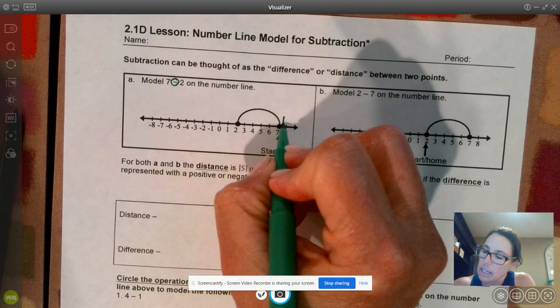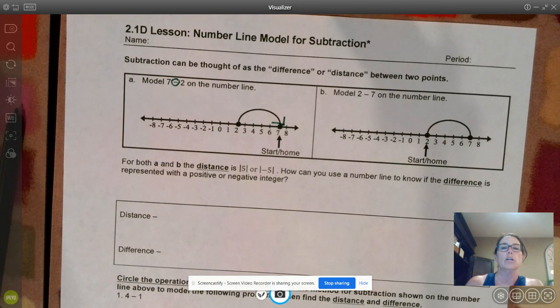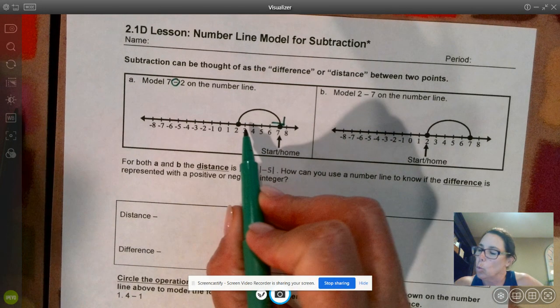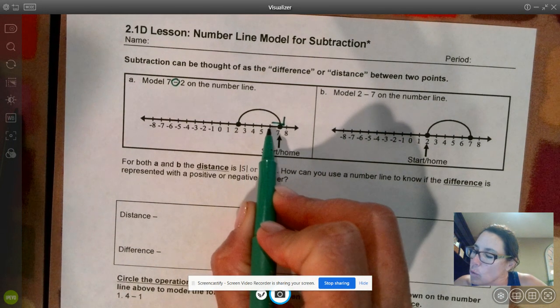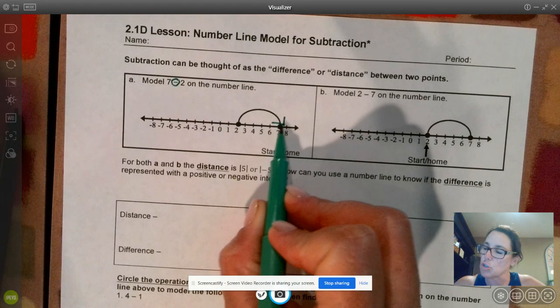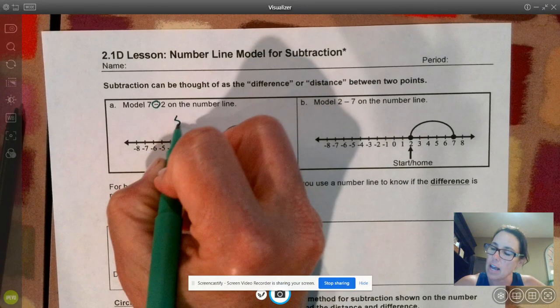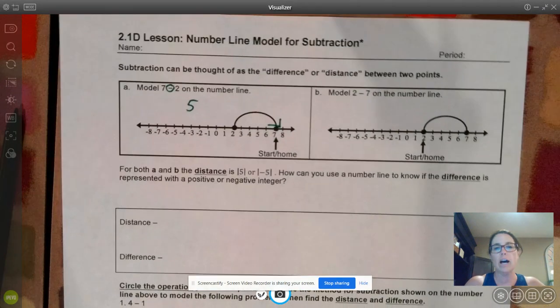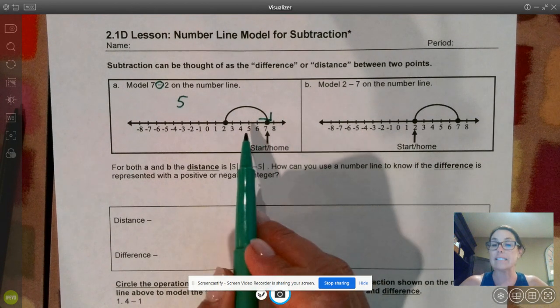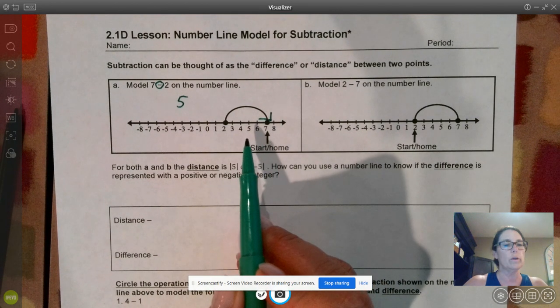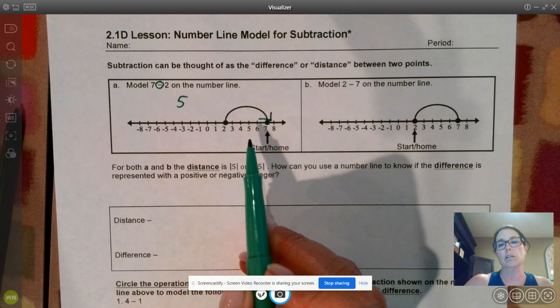So we're moving in this direction. Super important to put an arrow tip on your number line. Okay, so we are moving 1, 2, 3, 4, 5 positions to the right. That's how we get the answer of 5 that we all knew, but that's how it's seen on the number line with this problem 7 minus 2.